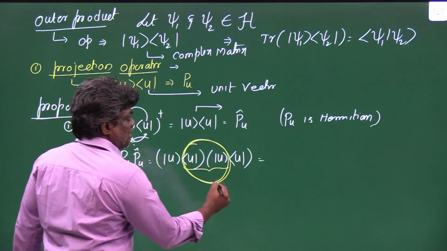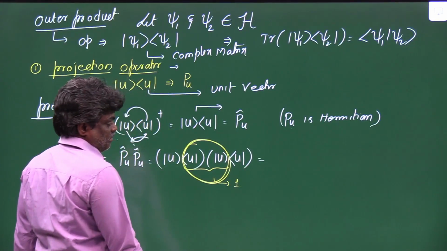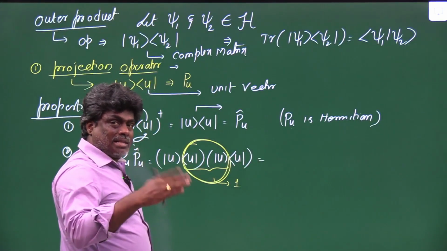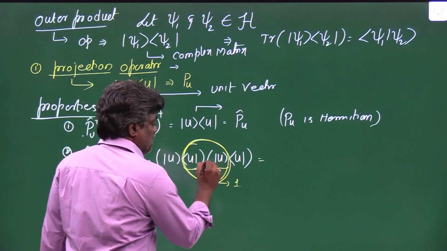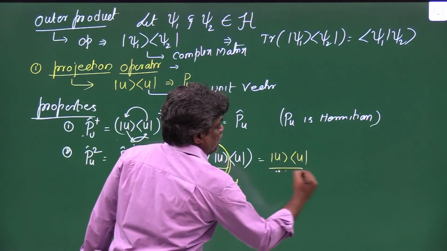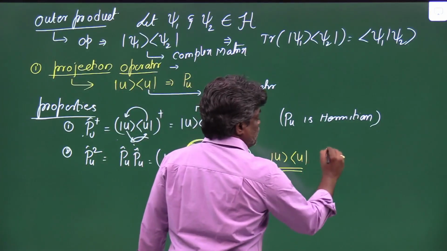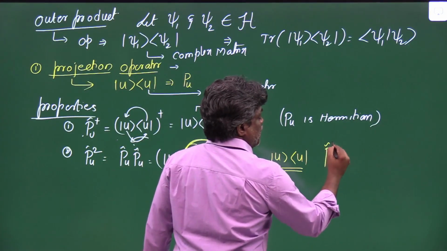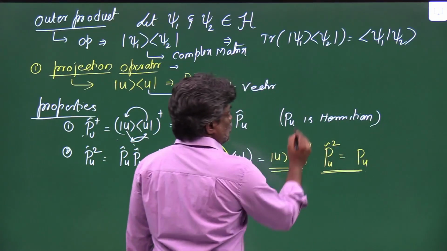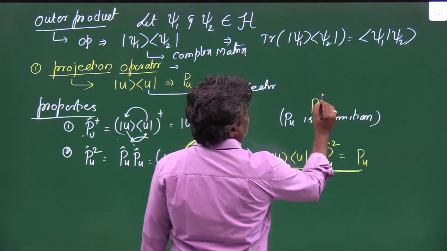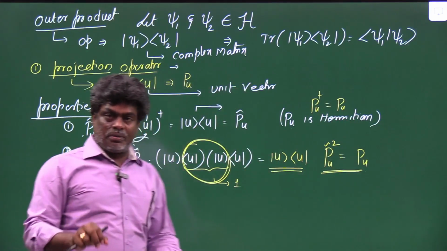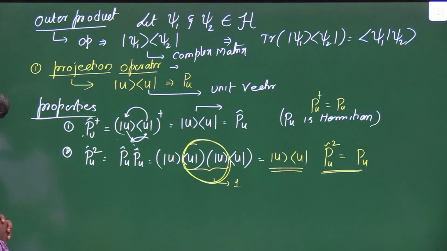So this value is equal to 1, because it is normalized. Finally, you get the outer product of u again. That means if you take a projection operator and square it, you get the same thing. So two properties: Pu dagger equals Pu, as well as Pu squared equals Pu. Is that clear? Yes, sir.